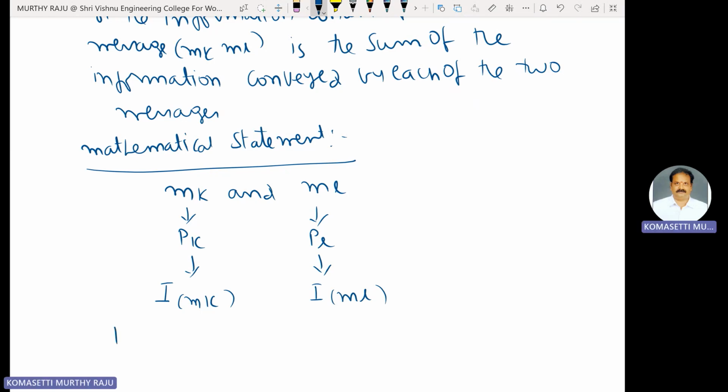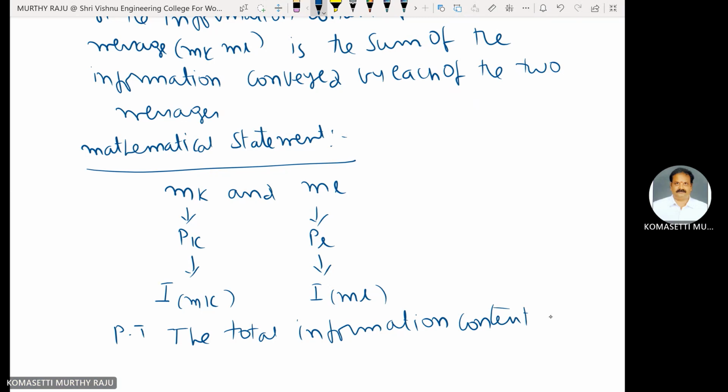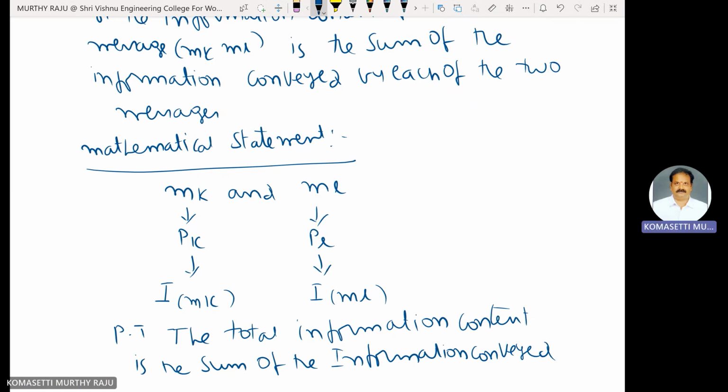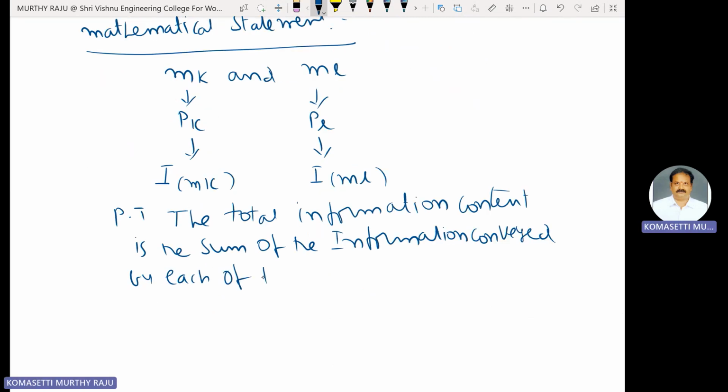Prove that the total information content is the sum of the information conveyed by each of the two messages.